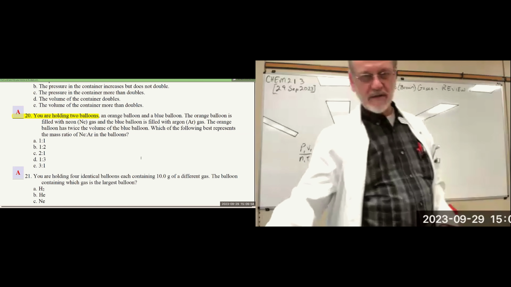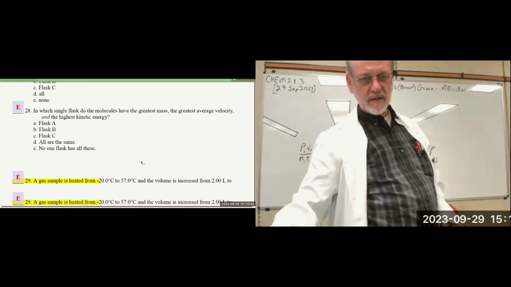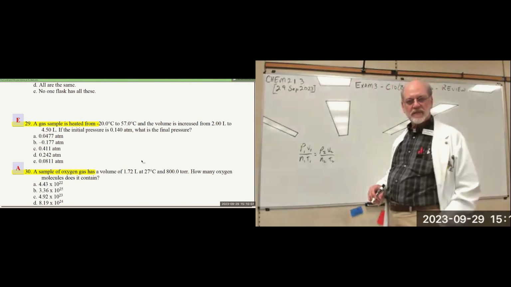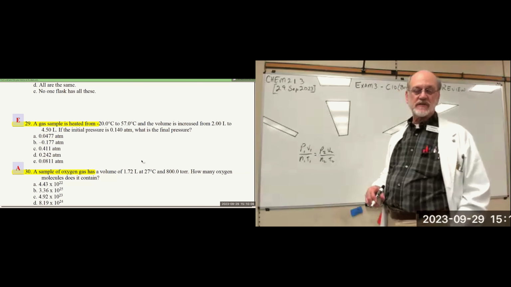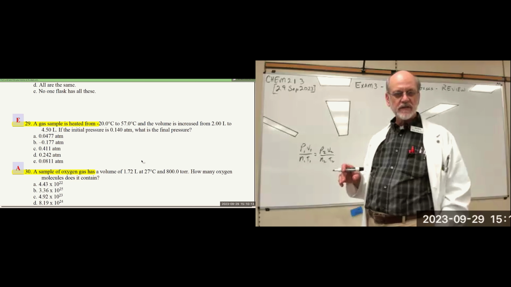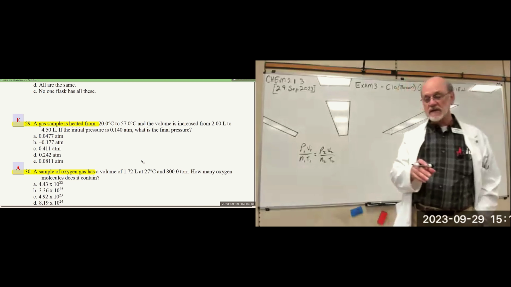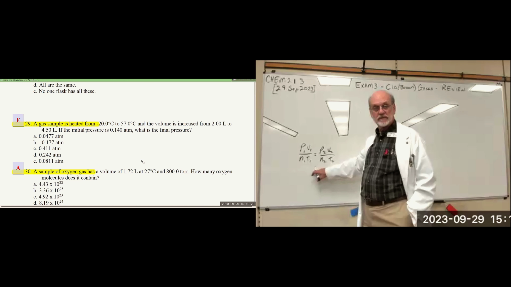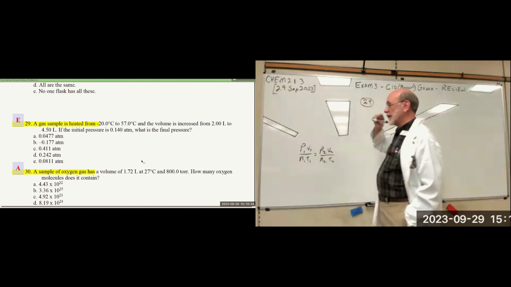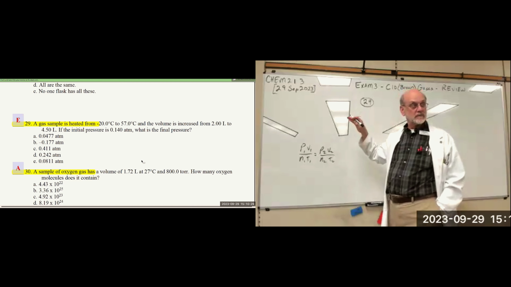All right. Let's see, skip a few, get down to this one. A gas sample is heated from minus 20 C to 57 C, and the volume is increased from 2 liters to 4.5 liters. The initial pressure is 1.4. What's the final pressure? This is a combined gas law problem. In those types of problems, it's very useful to set up a table, right?